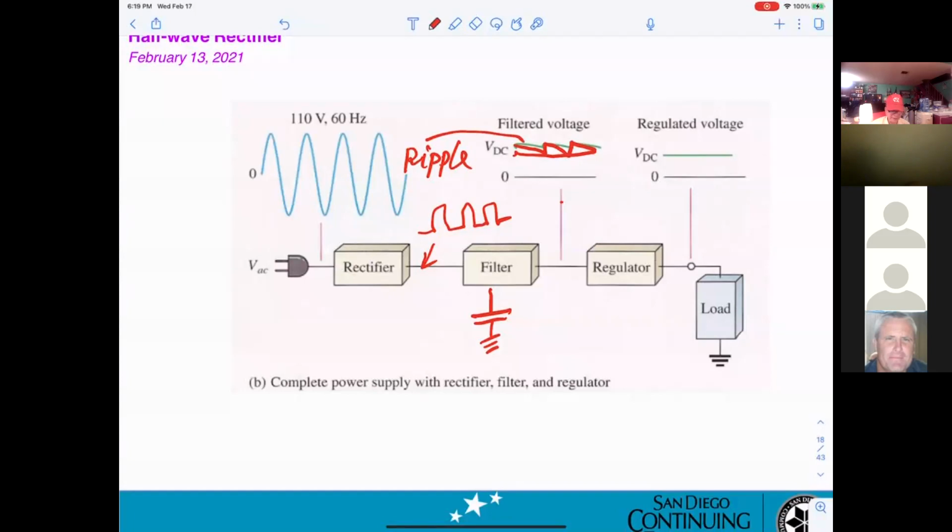That's like the noise. We don't want ripple. Ripple can be big or small, depending on the capacitor. The bigger the value of the capacitor, the smaller the ripple. And finally, they go to the regulator here, and at the output they get the DC. They don't want any ripple. That's where you use a Zener diode. That's the whole story for the power supply.